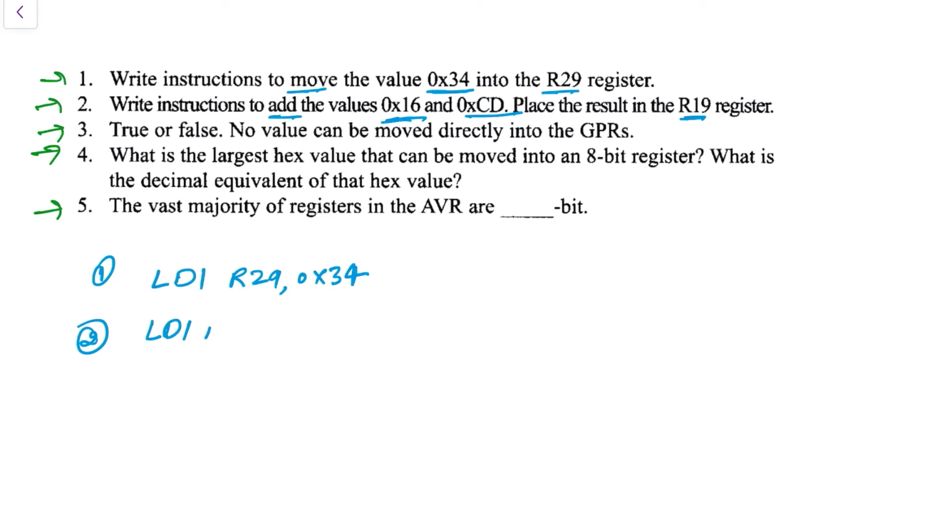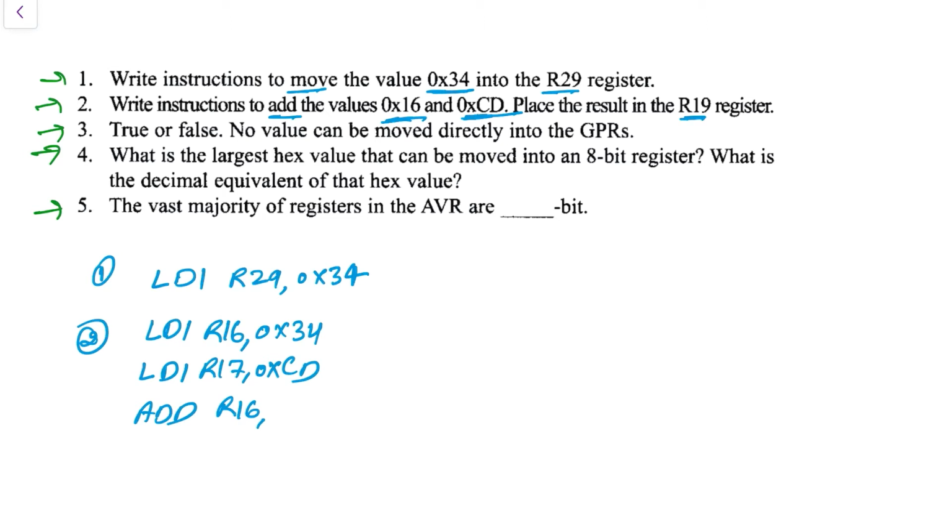For the second question, we are going to first load, let's say, the R16 register with 0x34, and then we are going to load, let's say, R17 with 0xcd, and then we can perform the add operation.